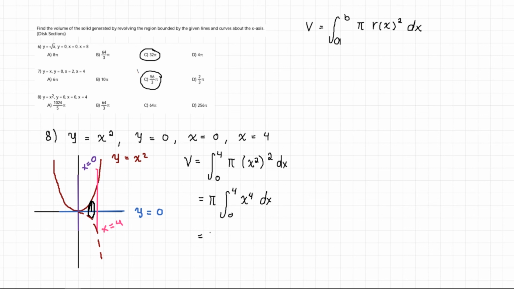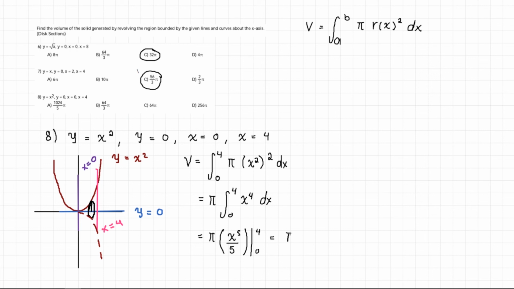Now this is going to be equal to what? Well, the antiderivative of x to the 4 is x to the 5 over 5 plus the constant c. But since it is definite, we do not care about that. So it's going to be x to the 5 over 5, and we evaluate this at 4 and 0. At this point, when we plug in the 0, it will not count towards our final result. So we just care about the 4.